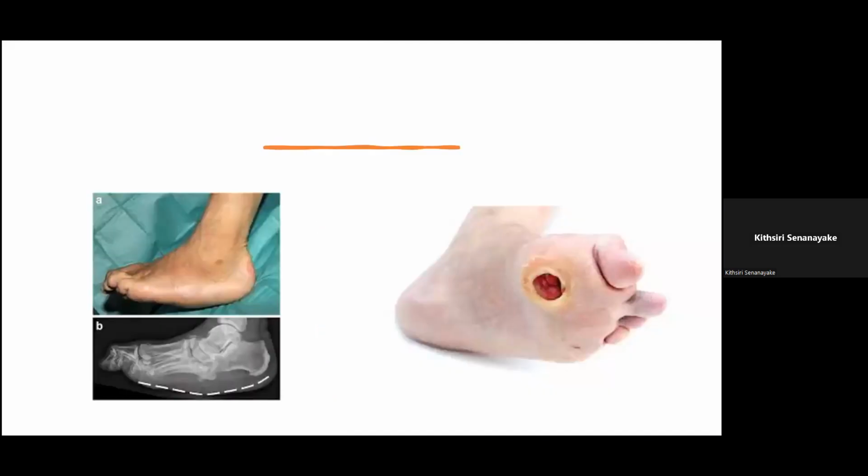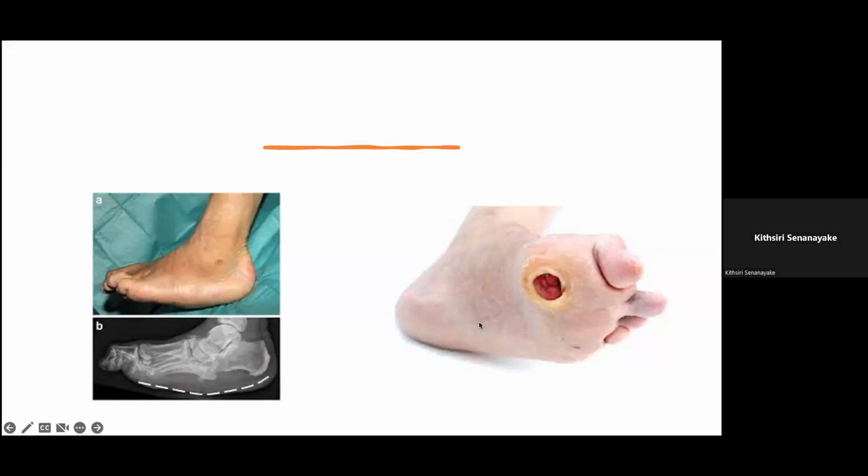Okay, so these are some of our pictures of chronic wounds. This patient had a diabetic foot with a rocker-bottom type of foot and a foot ulcer. What you should do is treat the cause, rather than putting various kinds of dressing here.